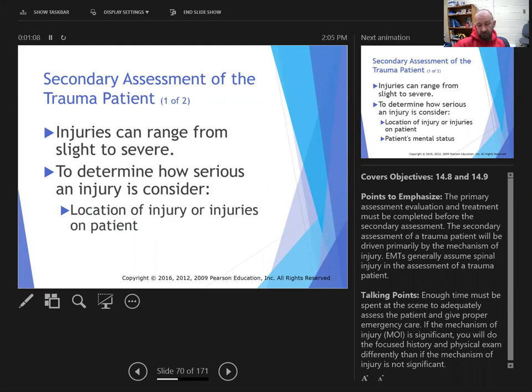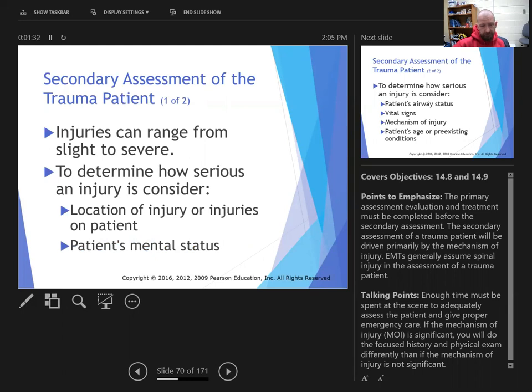One is the location. We see head injuries, neck injuries, chest injuries, abdominal injuries. All of those can be very serious because of the underlying organs there. You can even have severe injuries to the extremities too. So you don't think that just because it's an extremity, it can't be injured severely. So location of the injury or injuries is important.